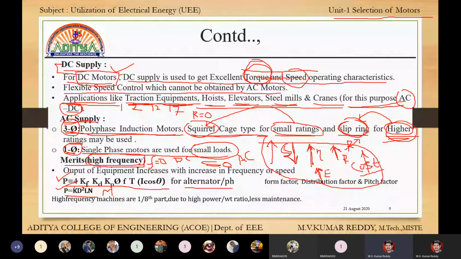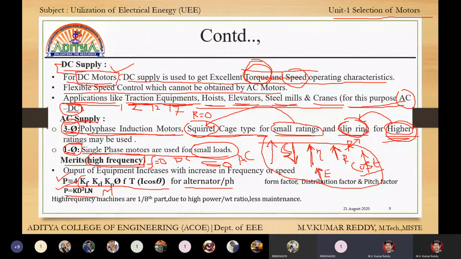Here P represents output power in both cases, and the first formula is 4 Kf Kd Kp f T I cos theta.